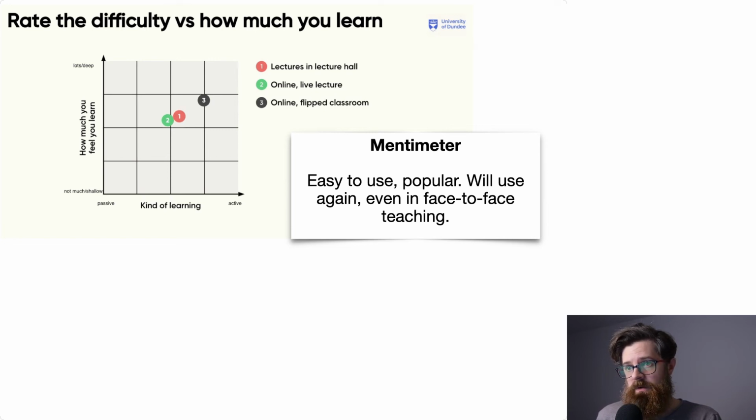So much so that when we go back to direct face-to-face teaching, I'm still going to use Mentimeter. I'm going to keep the flipped classroom approach. So all of this online material I have created, we will continue to use.